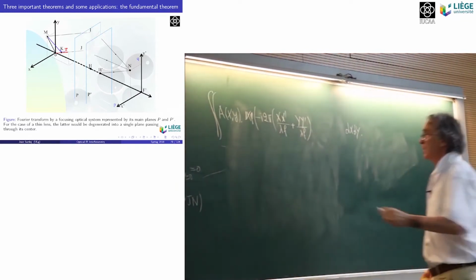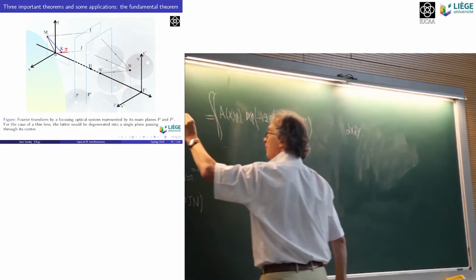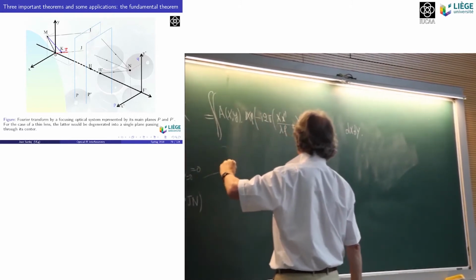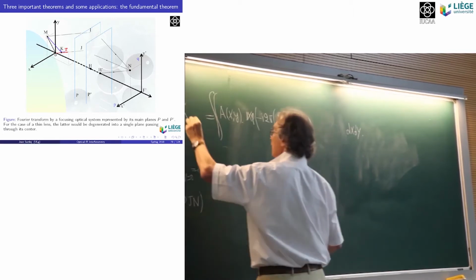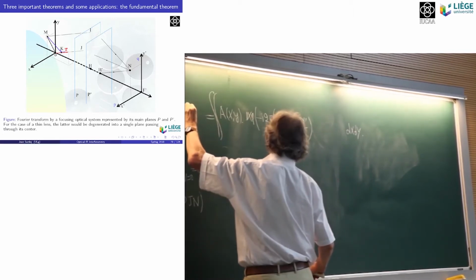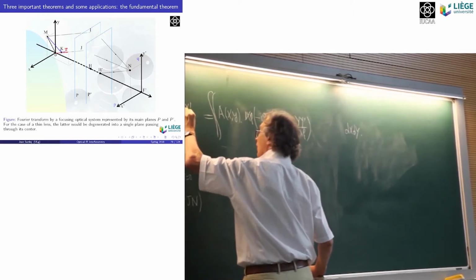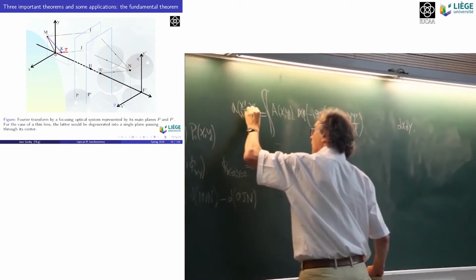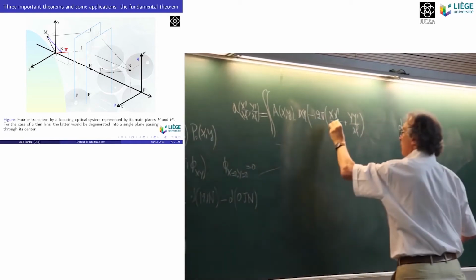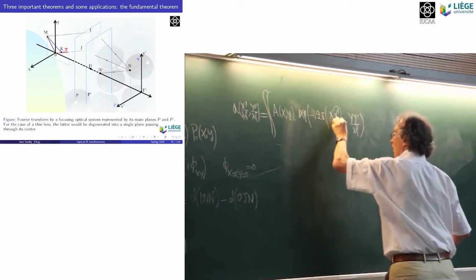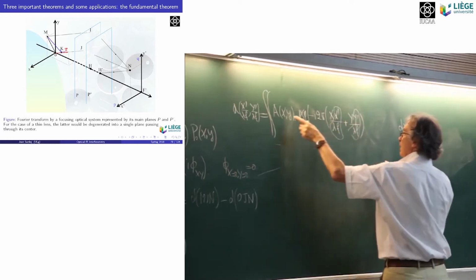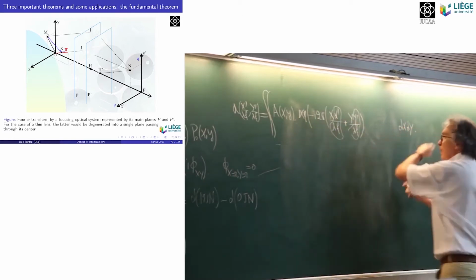This is what I obtain: the amplitude at the point N is equal to this quantity, which depends on x prime over lambda f and y prime over lambda f. These are the only parameters appearing in this expression. Otherwise, I integrate over the variables x and y.